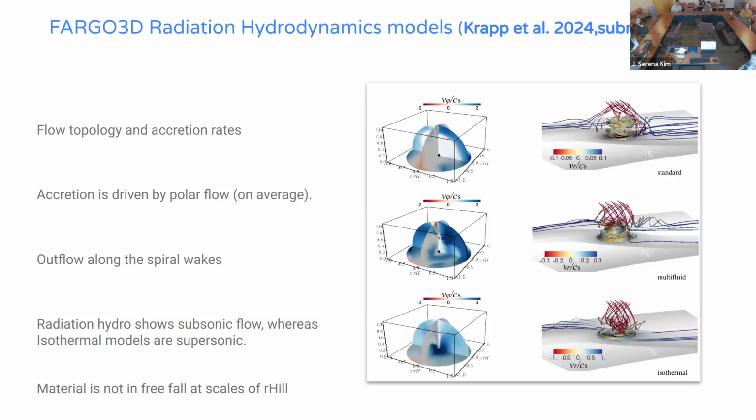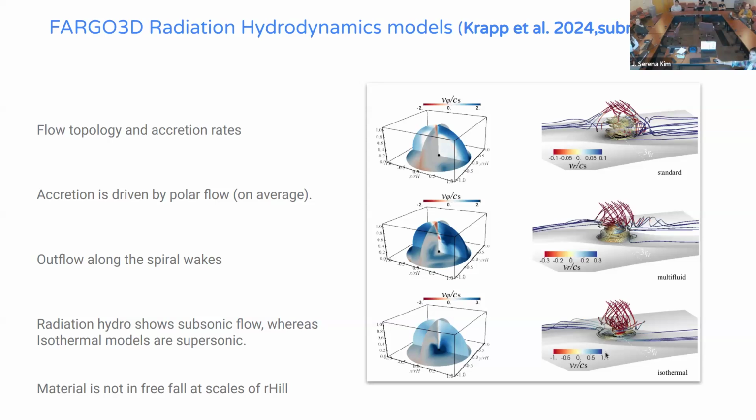So this is another comparison between the different models. Again, in the isothermal case, this is the azimuthal velocity around the planet, and you can see that the disky structure is very prominent, you have the rotational support. These colors indicate inflow and outflow.